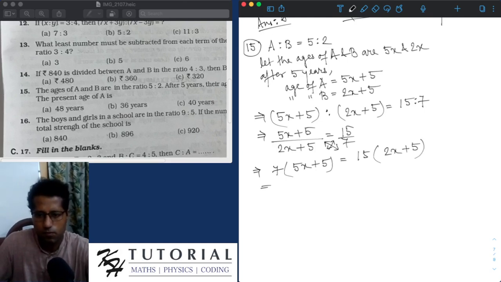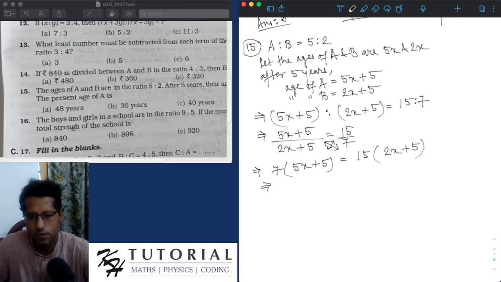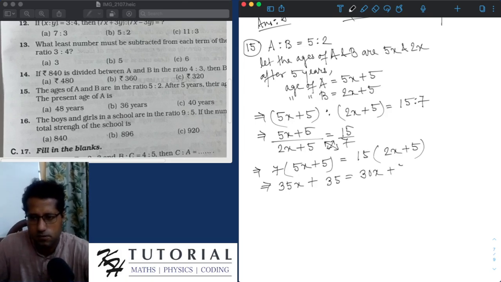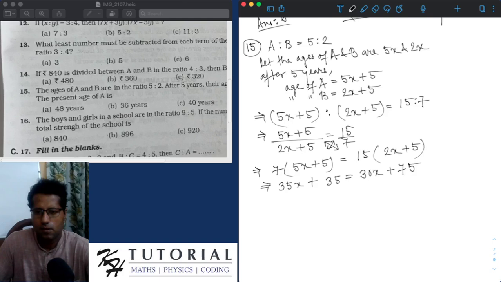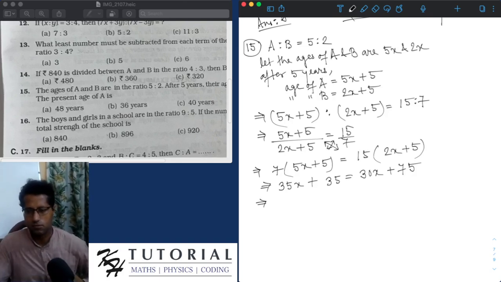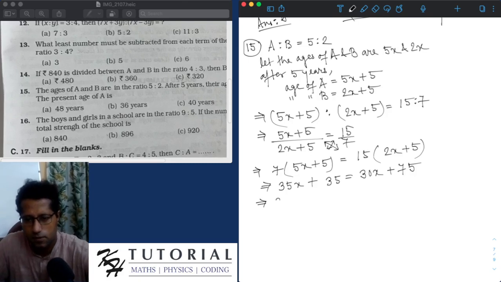Now if we do the products on both sides and open the brackets, we get 35x plus 35 equals 30x plus 75. Bringing all the x terms to the left-hand side and all the constant terms to the right-hand side, we get 35x minus 30x equals 75 minus 35.